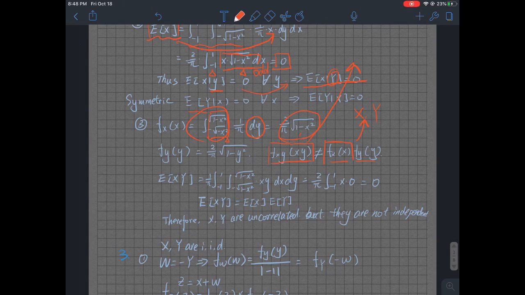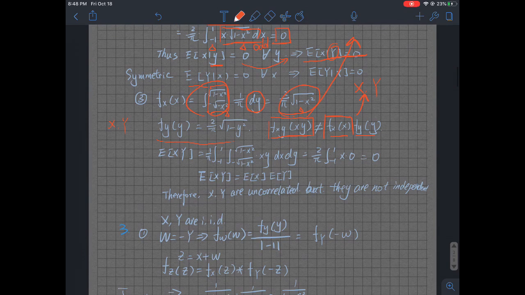Then we can get the result for f(x), and x and y are symmetric, so we can directly write down f(y) using the same method. So in this way we know that f(x,y) is not equal to f(x) multiplied by f(y).